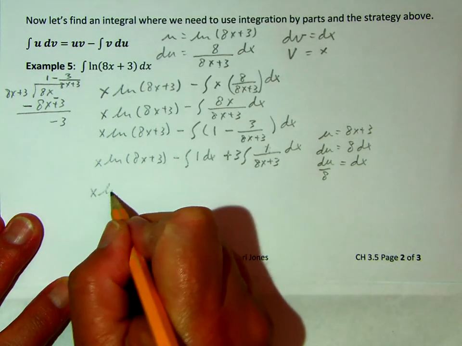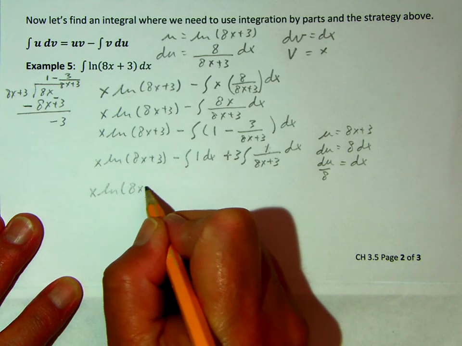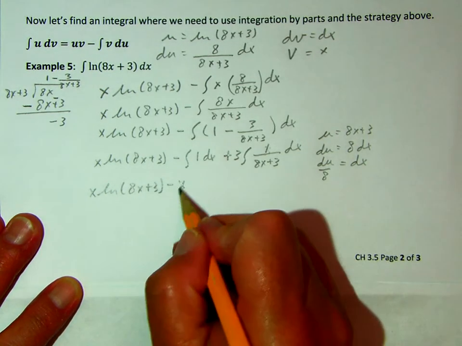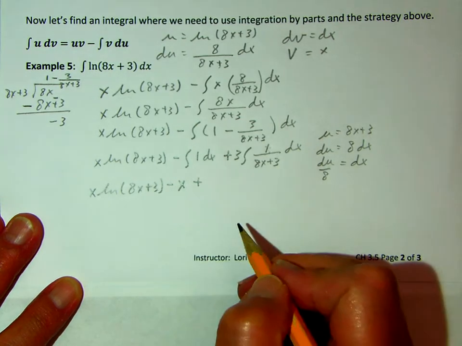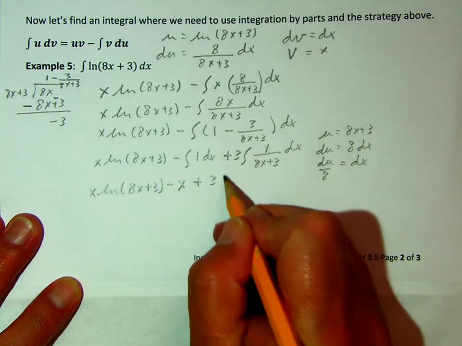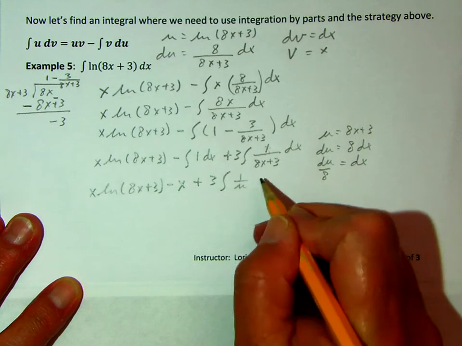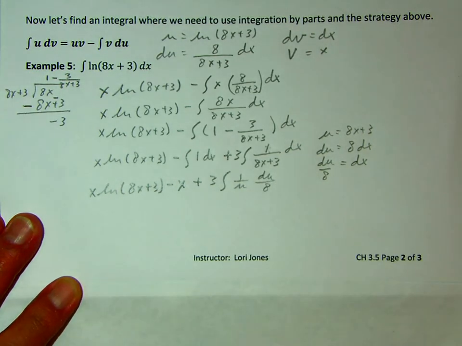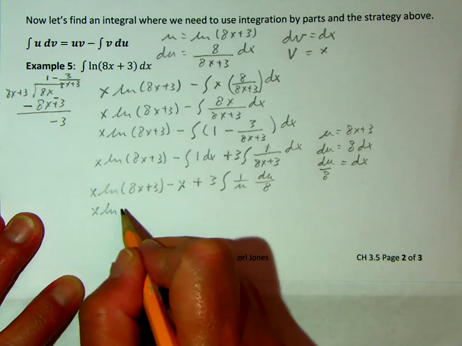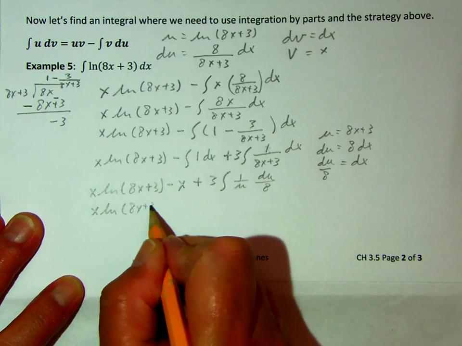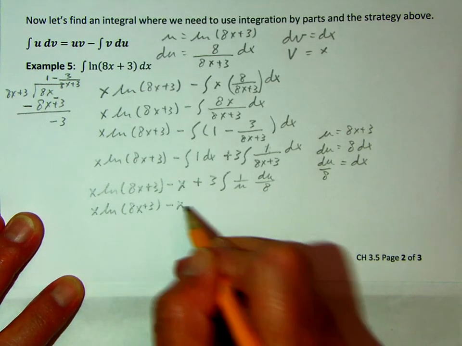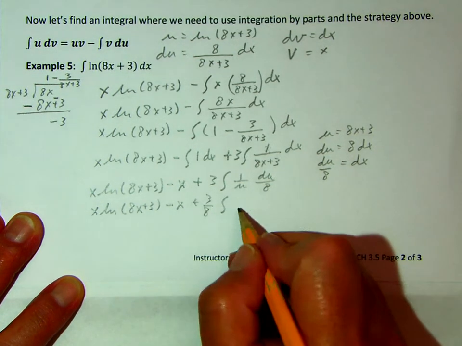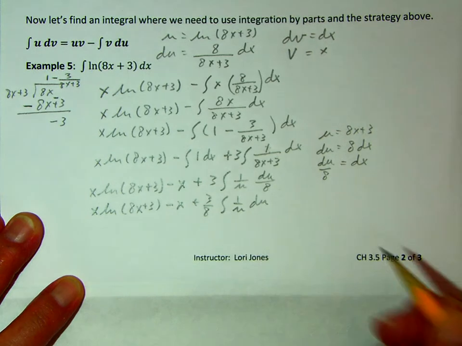So x ln of 8x plus 3 minus the integral of 1 dx would be x plus 3 times the integral 1 over u du over 8. So that gives us x ln 8x plus 3 minus x plus 3/8 times the integral 1 over u du.